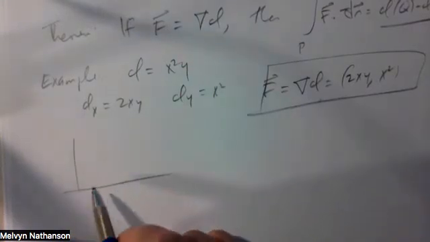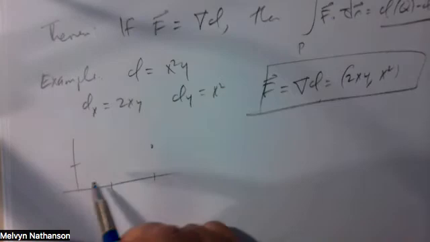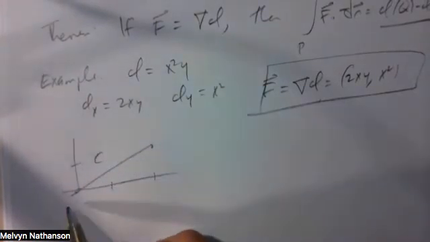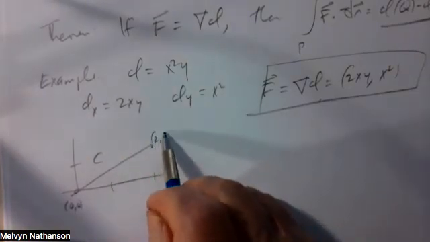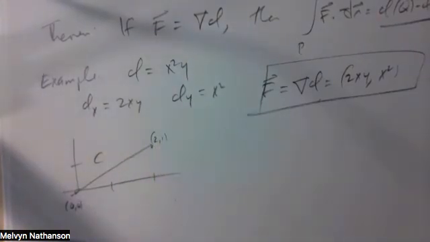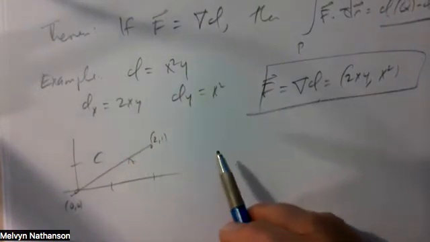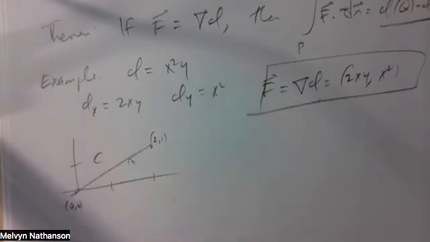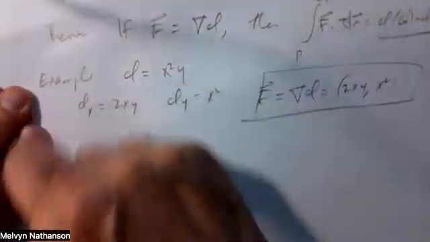So let's go into the plane, and let's say for fun, we take our curve to just be the straight line from (0, 0) to (2, 1). So what's a way to parametrize this? Just to avoid fractions, let me do it slightly differently.